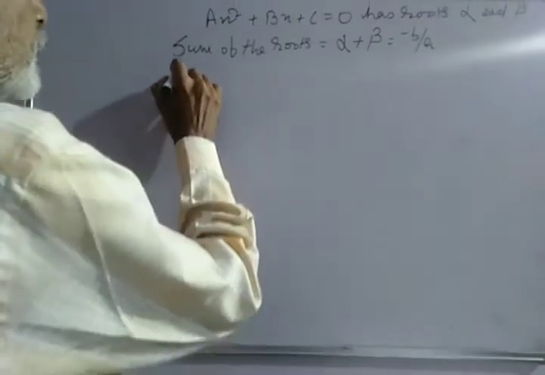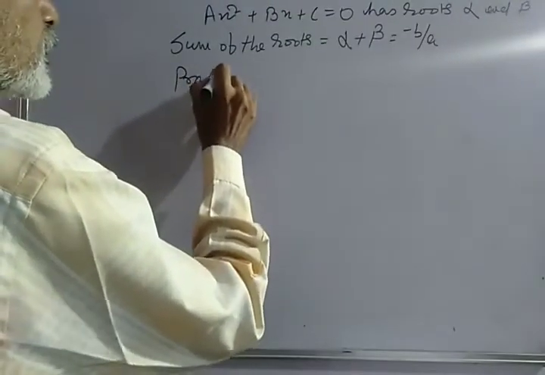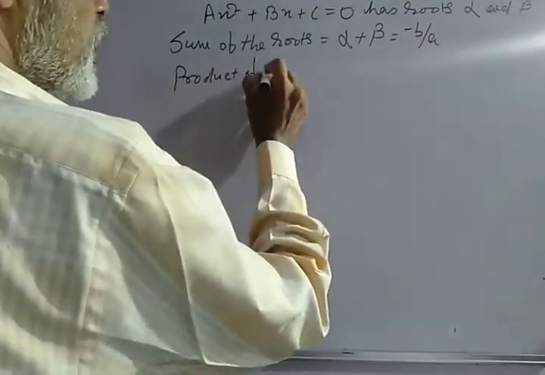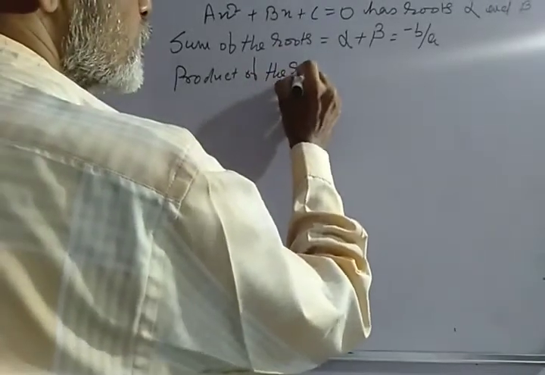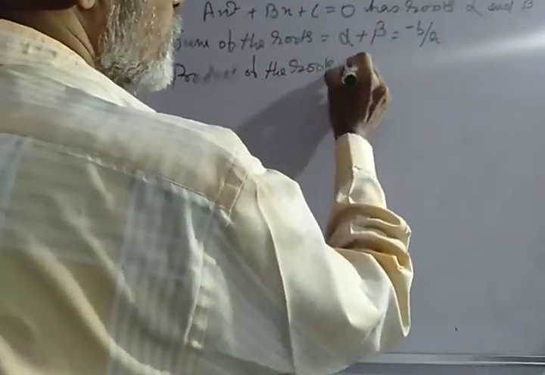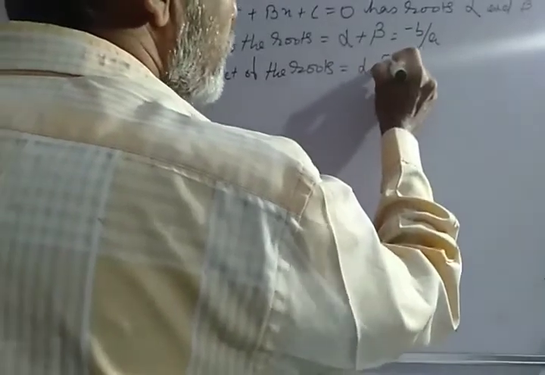The product of the roots, alpha into beta, is equal to c by a.